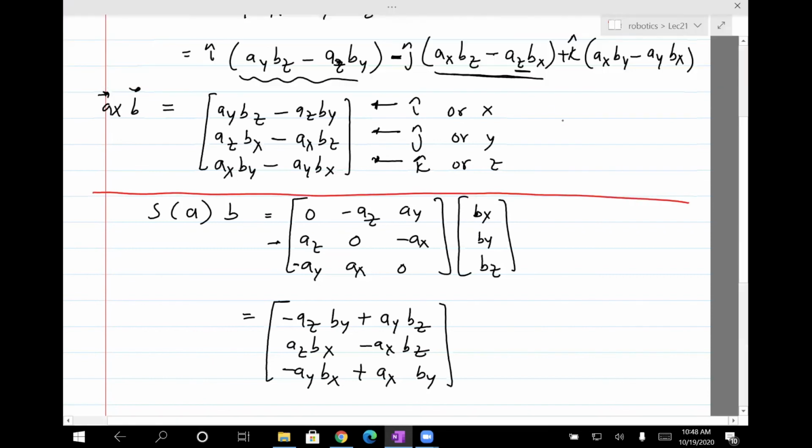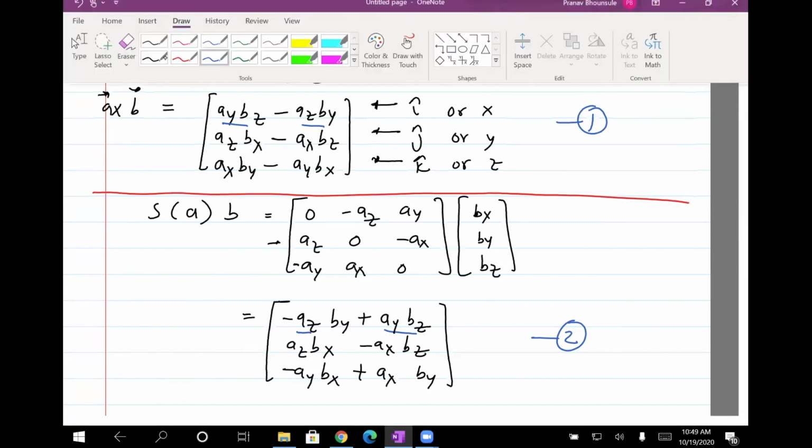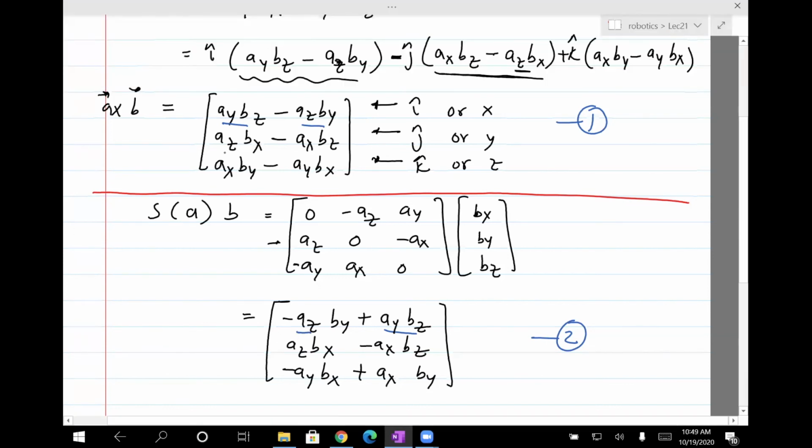We need to check if, let's call this 1 and let's call this 2. We need to check it element by element. So we have AYBZ, which is right here, minus AZBY, that's right here. So it checks out. Next, let's look at the next term. AZBX, that's here. And then AXBZ with the negative, that's right here.